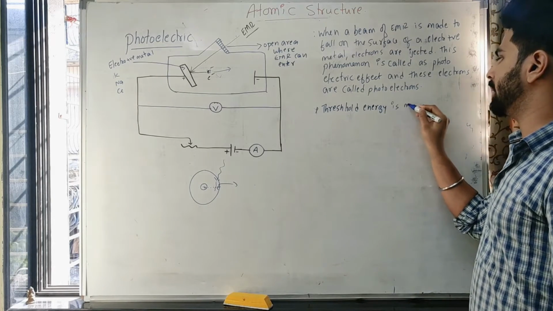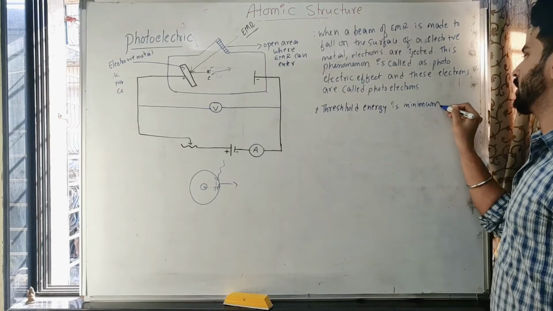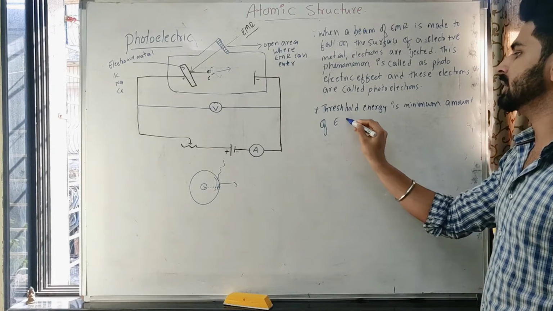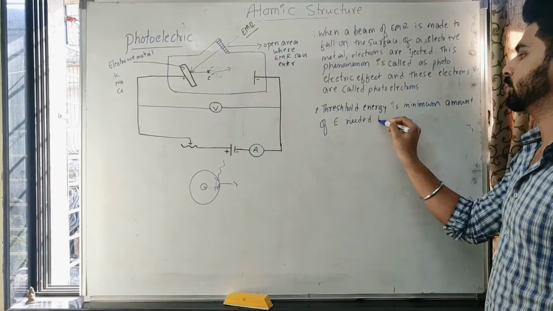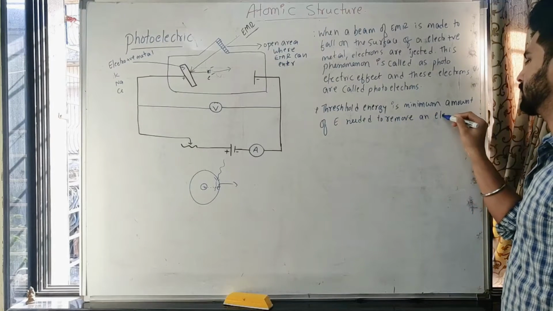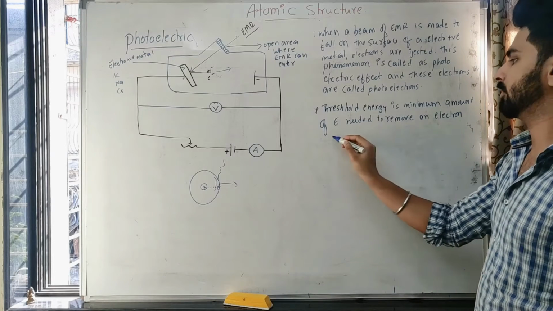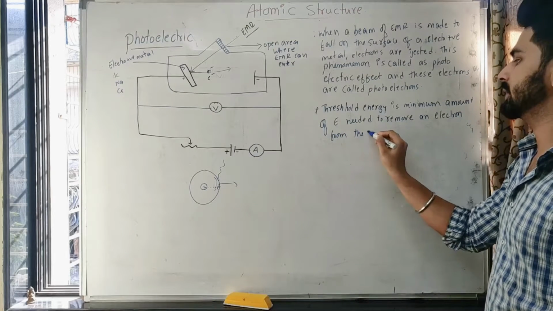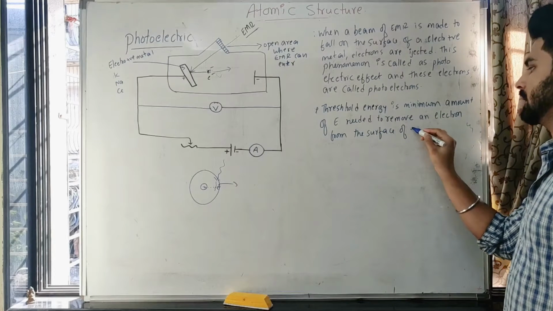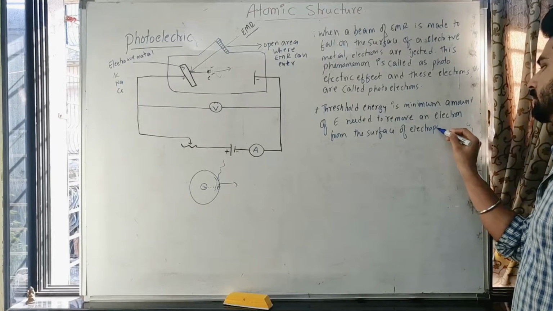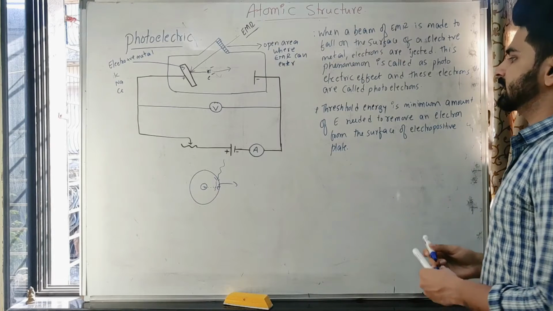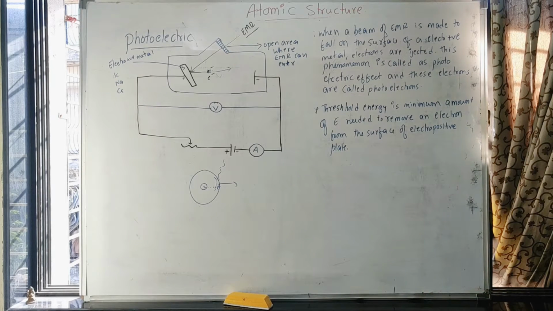It is the minimum amount of energy needed to remove an electron from the surface of the electropositive plate. So this is the minimum energy. This much energy we have to supply.